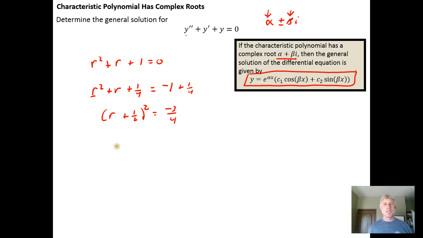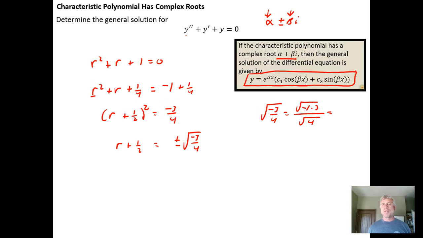And now we take the square root of both sides. When we take the square root of both sides, we get plus or minus the square root of -3/4. But we can simplify the square root of -3/4 because we can take the square root of the numerator over the square root of the denominator, and we recognize that -3 is the same as -1 times 3.